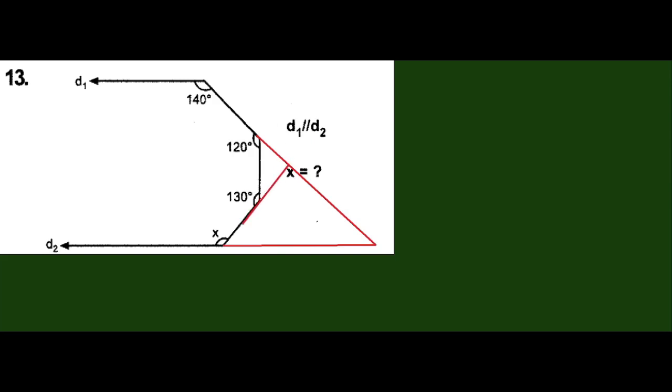Okay, then the next step is to know that this angle will be 140 degrees. Why? Because B1 is parallel to B2, and from alternate angles we know that they will be equal.